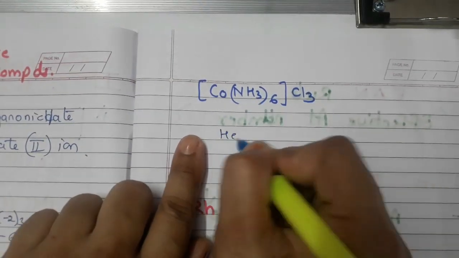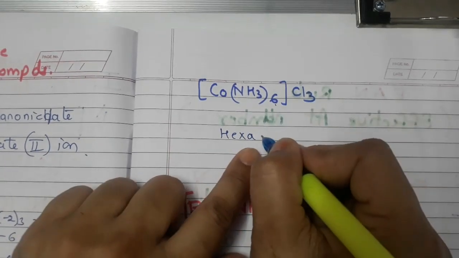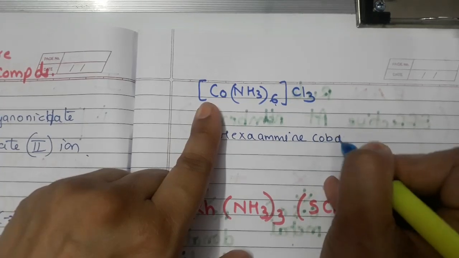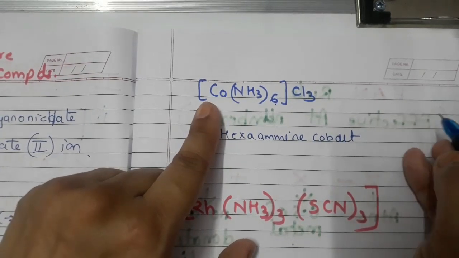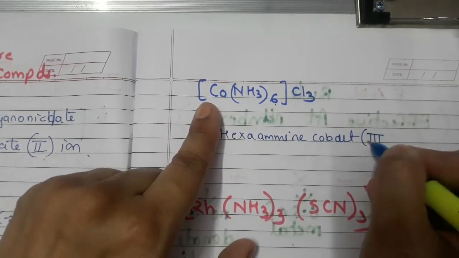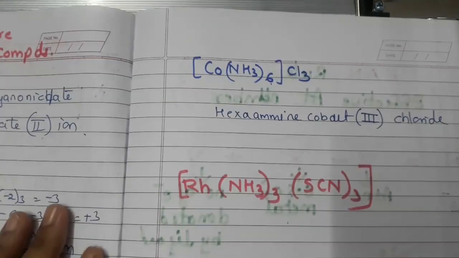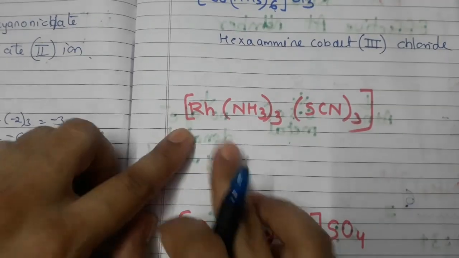This would be hexa. See, 6 are there. Hexamine cobalt. What is the oxidation state? Now it should be easy for you to calculate. It is 3 chloride. Next we have rhodium.